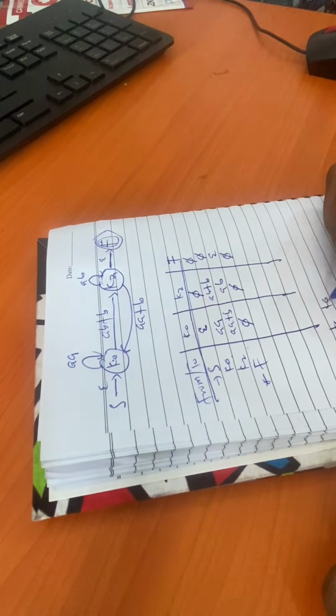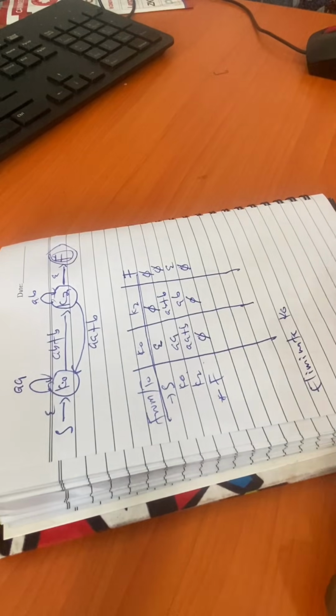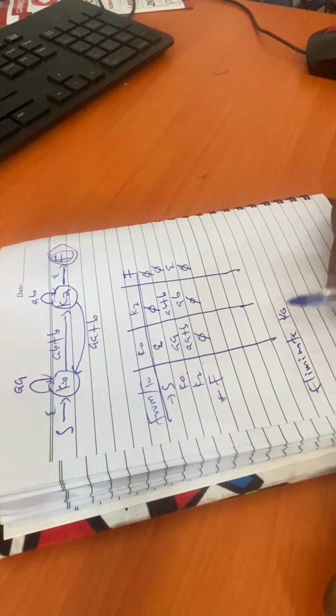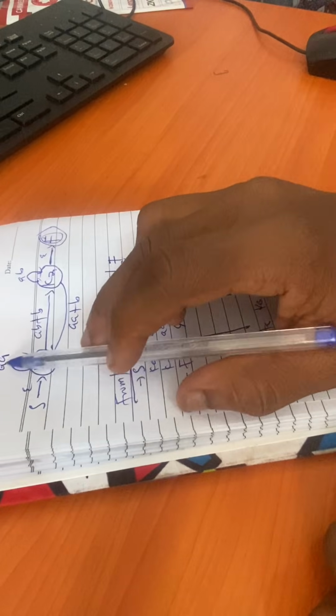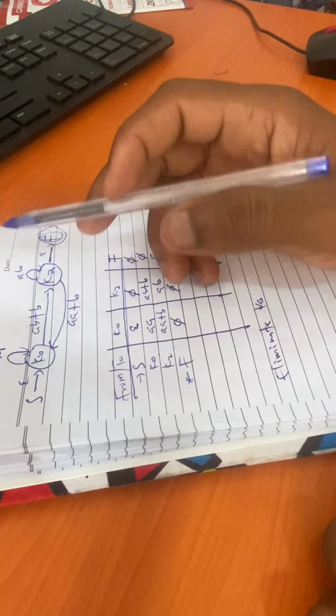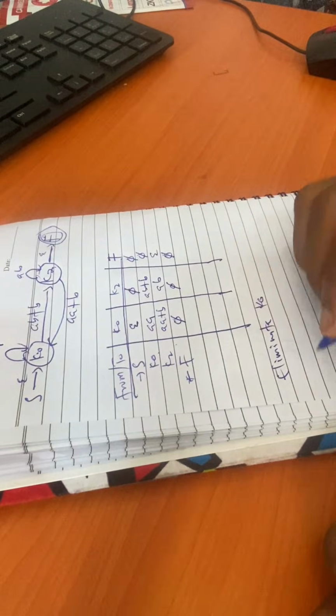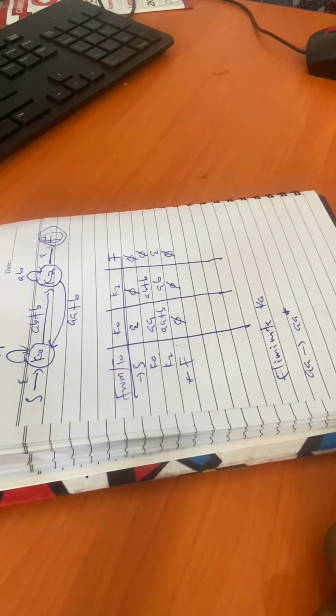Okay. Now if you are eliminating k0, then remember there is a loop on k0, which is AA. So when we eliminate k0, the AA becomes AA star, right?